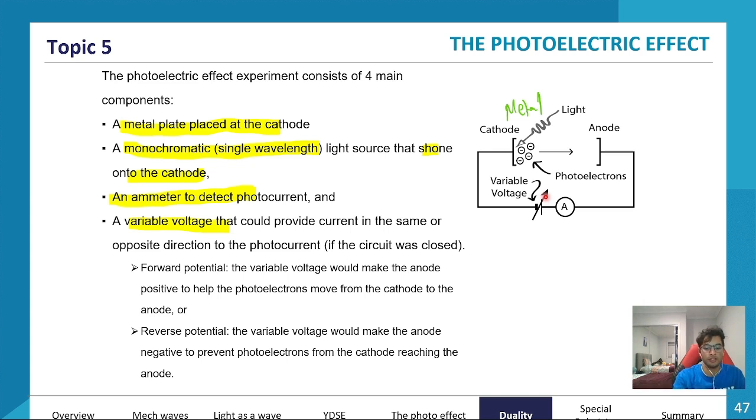Forward potential is essentially when the current is working and the light is actually creating current. So the forward potential would work in this direction, with the electrons going from cathode to anode, as they should be doing. The reverse potential is the opposite, so it travels in this direction. And this is controlled by this variable voltage. I'll show you why that's important.